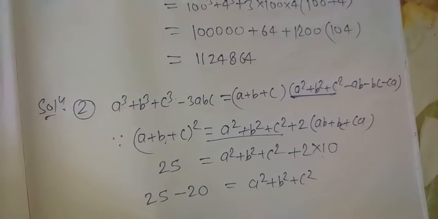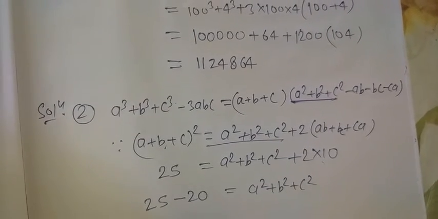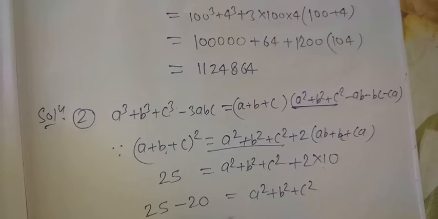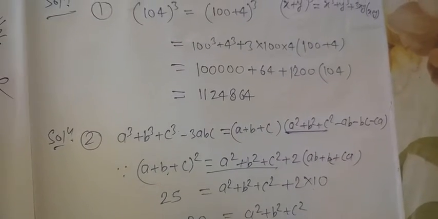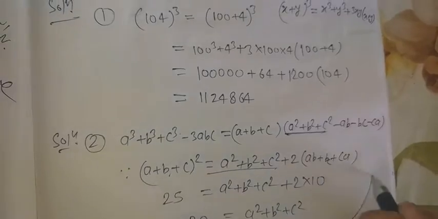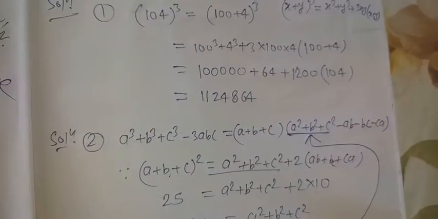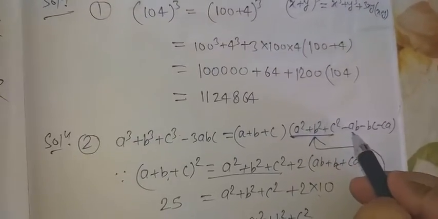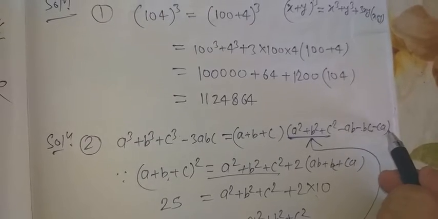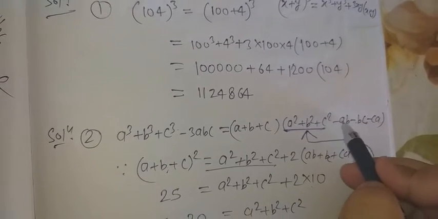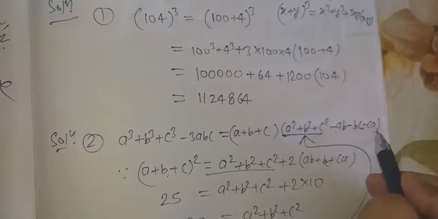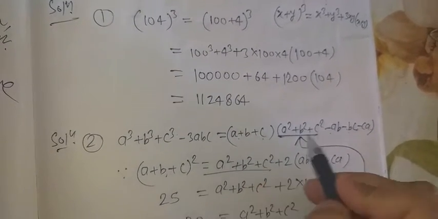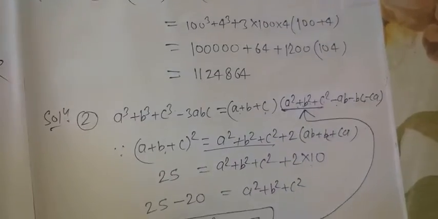So in this way you get a square plus b square plus c square equals 5. So put this value here and take minus common. So the ab plus bc plus ca value is given, a plus b plus c is given, and a square plus b square plus c square is given.